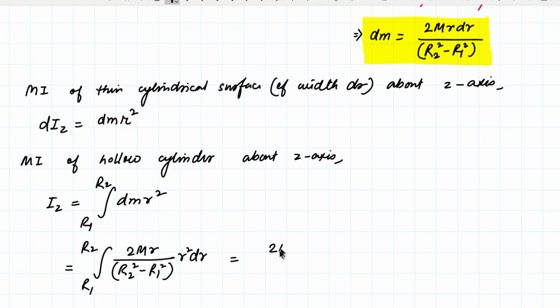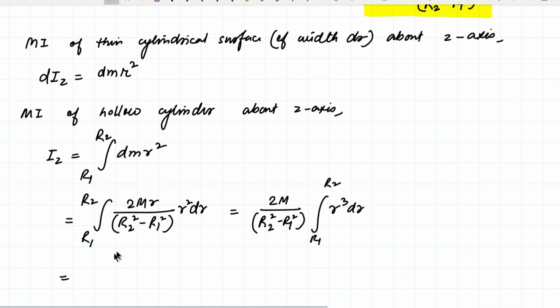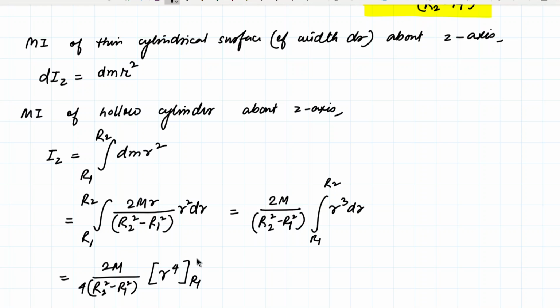So 2 capital M divided by r2 square minus r1 square, integration of r cube dr from r1 to r2 is simply going to become 2 capital M upon r2 square minus r1 square, r to the power 4 by 4, from r1 to r2.